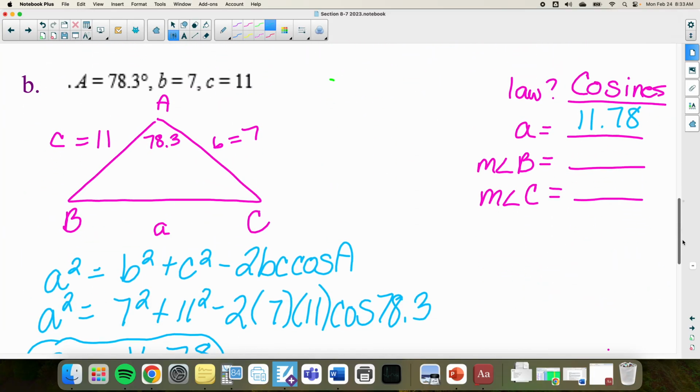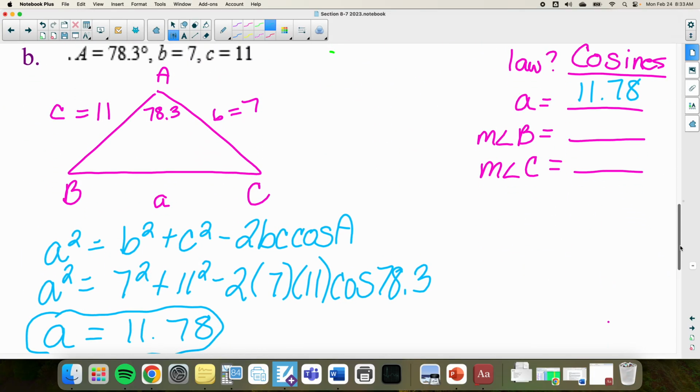And if I go down here, notice that angle B is across from a 7 and angle C is across from an 11. And then I also could write this in now that I know it, okay? Would I find angle B first or angle C? B, because 7 is less than 11.